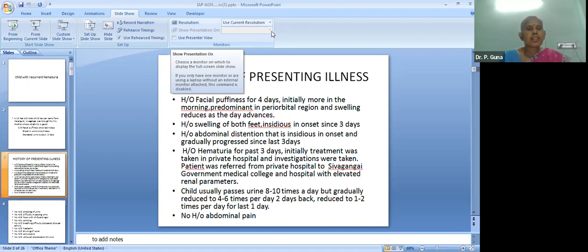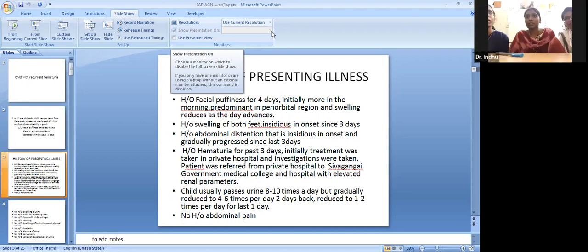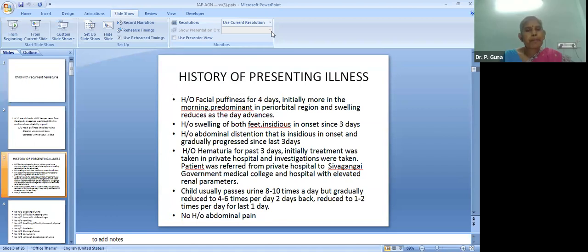Because you are telling the child is oliguric, right? Oliguria is less than 0.5 ml per kg per hour, and polyuria is more than 4 ml per kg per hour. Okay. So this child is having some oliguria. So the child is having edema, hematuria, oliguria, right? Yes.